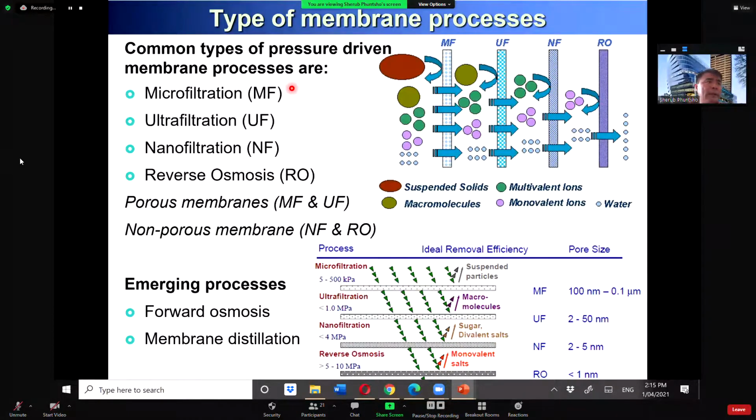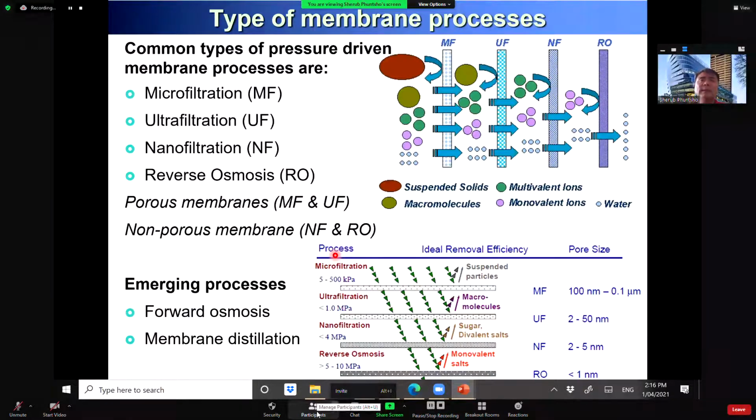Okay. And there are some other emerging membrane processes, like forward osmosis membrane, that is based on the natural process of osmosis. Nowadays we are trying to engineer the natural osmotic process that is present in all our living cells, all the animals, the biological cells that we talked about.